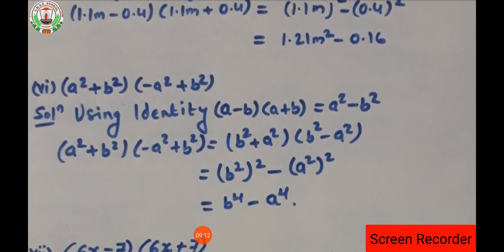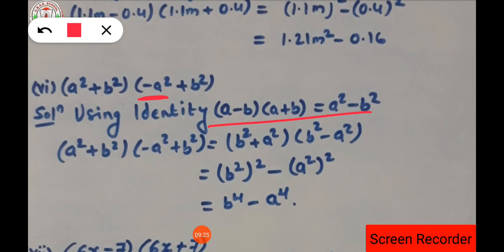Next is the sixth question: (a square + b square) into (-a square + b square). Since here one of the terms is negative, we can change the places using the identity. Here a square plus b square can be written as b square plus a square. In the same way, minus a square plus b square can be written as b square minus a square. Why are we writing like this, or why is the arrangement being done?